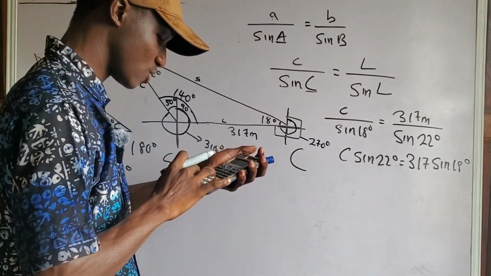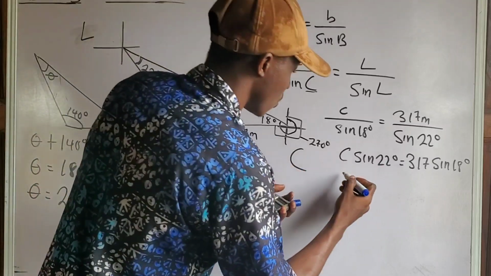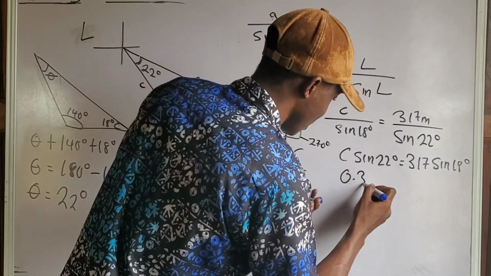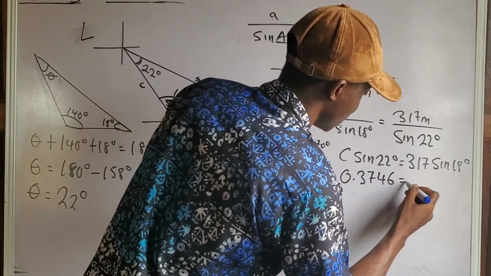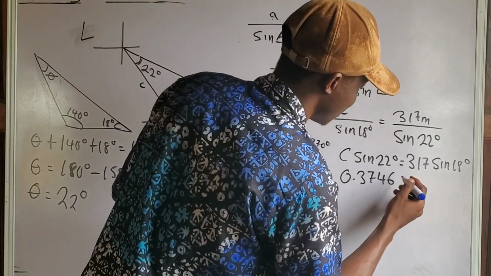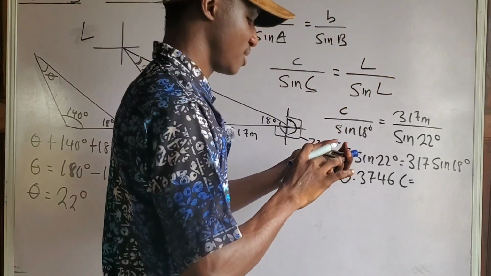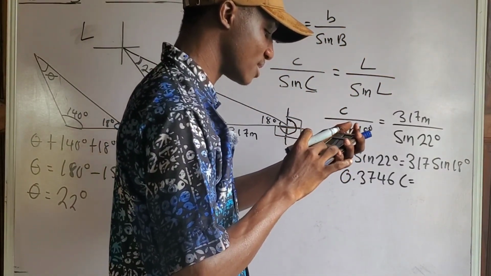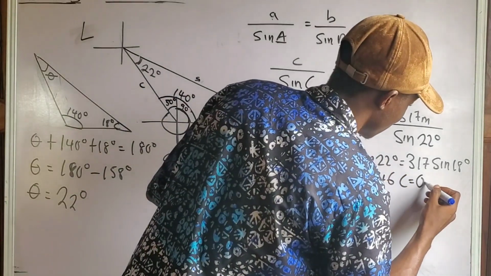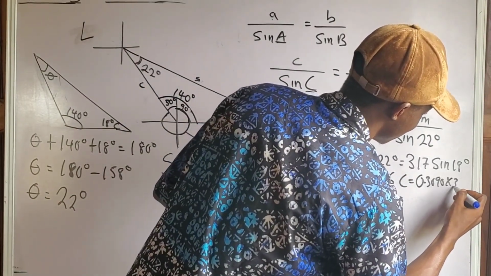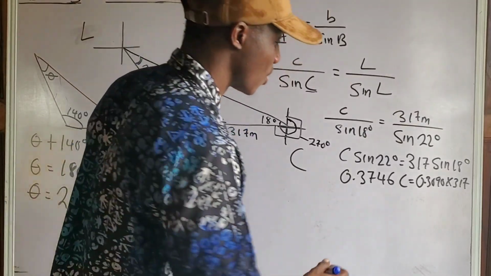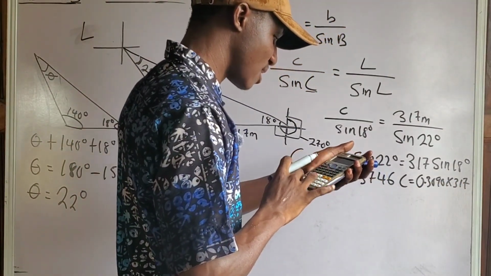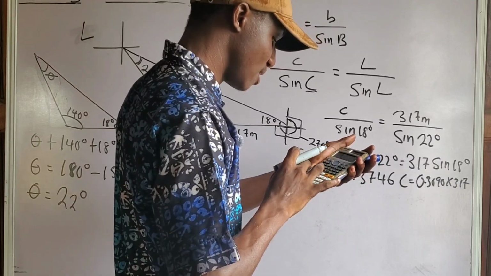Sine 22 degrees is 0.3746, multiplied by C. Sine 18 degrees is 0.3090, times 317. Okay, take the product of this, 0.3090 multiplied by 317.